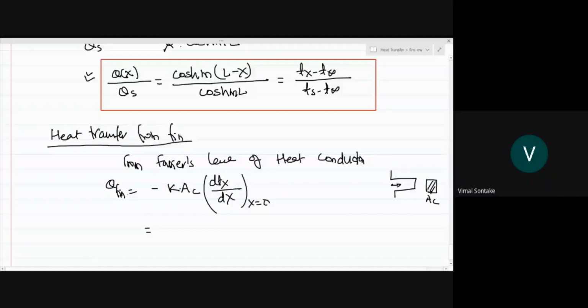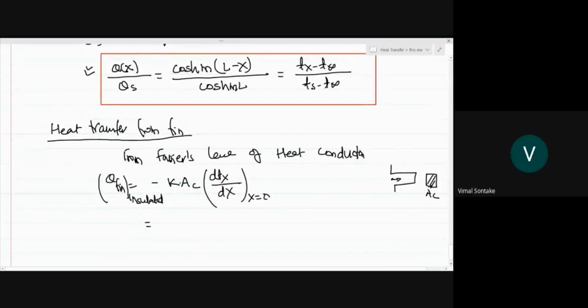Okay, and this is Q fin for insulated tip fin. In a similar tune, we have derived for case 1 as well. That derivation video I will be posting in Moodle. Now minus K AC d by dx.